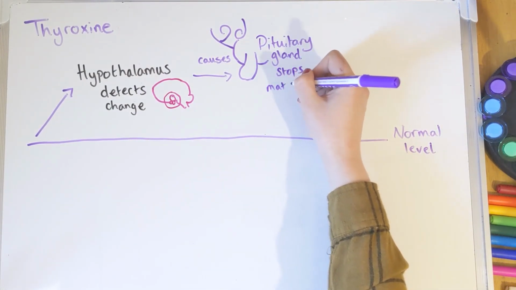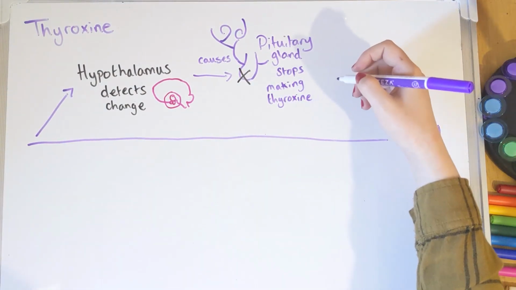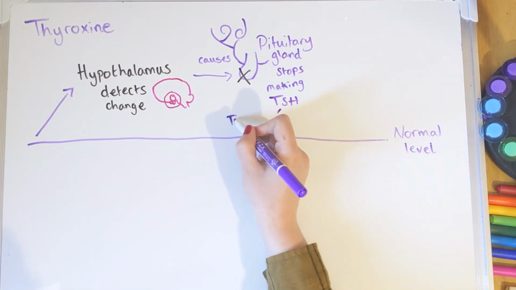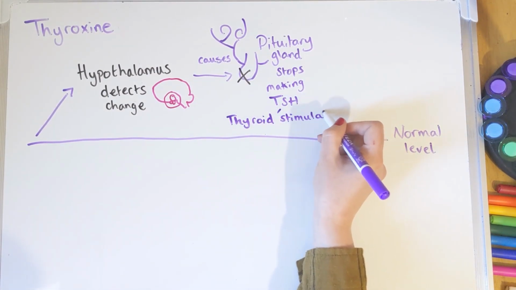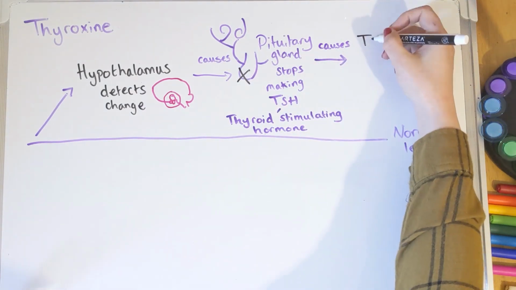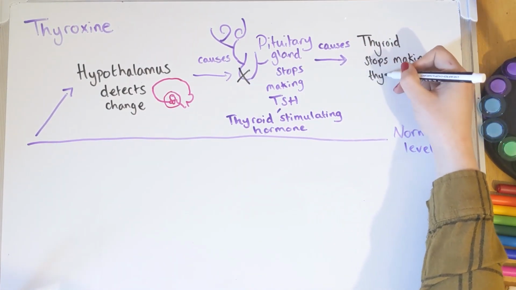So think thyroid is the gland that makes thyroxine, stimulate means to produce or start to make, and then hormone, so if we're breaking it down into bog standard English, the pituitary gland stops making thyroid making hormone. That causes the thyroid to stop making thyroxine, and then that'll bring those thyroxine levels back down to normal.